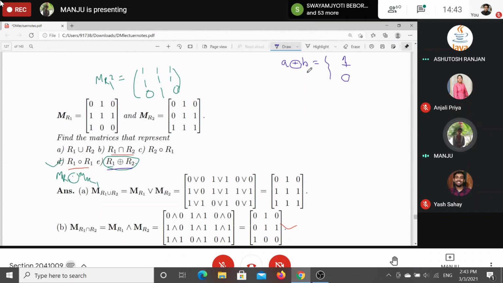Exclusive OR means either A or B is 1, but not both. Both should not be 1 at a time. That means whenever they are not equal, either A is 1 or B is 1, not both, it will be 1. And in case of equality, either both are 0 or both are 1, it will give you 0. Understood?